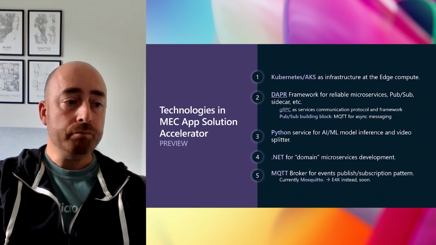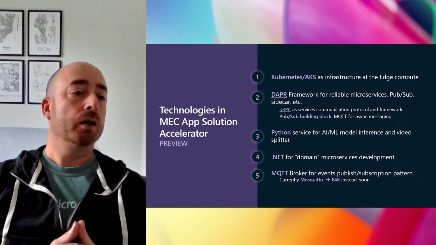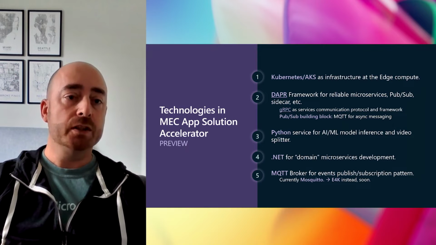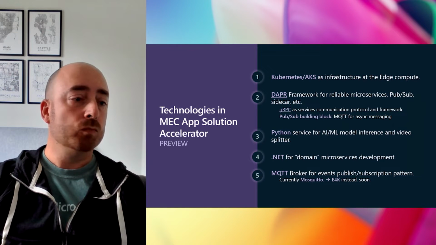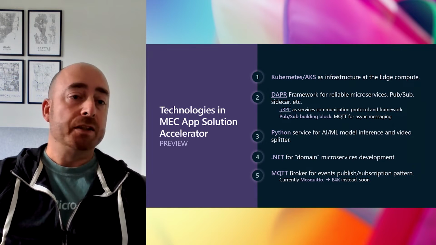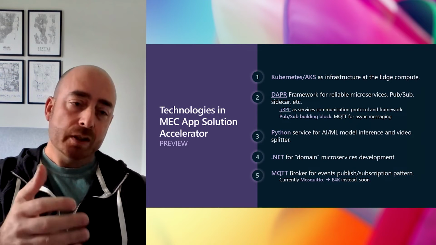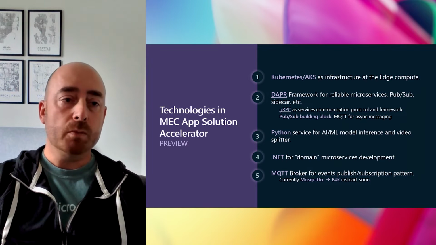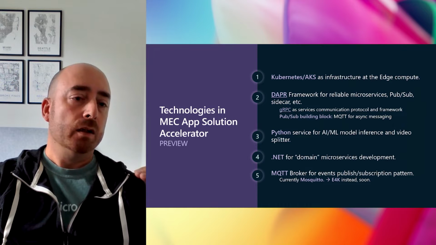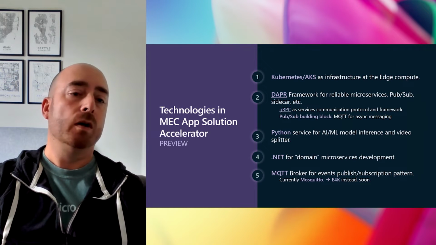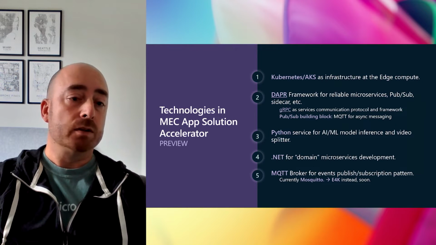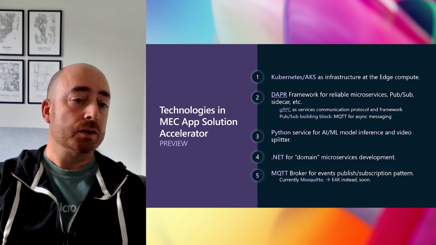So going to this example application, these are the technologies that we are using to develop this example application that you can learn about. I'm not going to get into the details because I'm in the architecture slide. I will talk about that, but basically it's about Kubernetes or AKS, Dapr framework for building blocks, especially made for microservices architecture, pub/sub, sidecar containers, and so on.